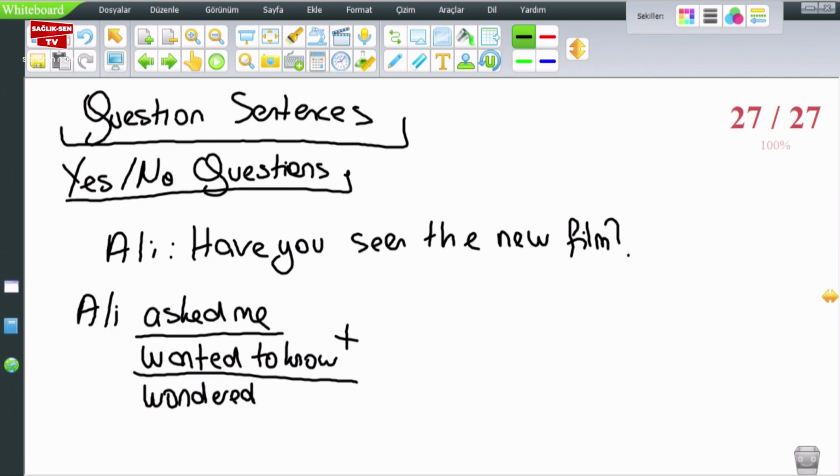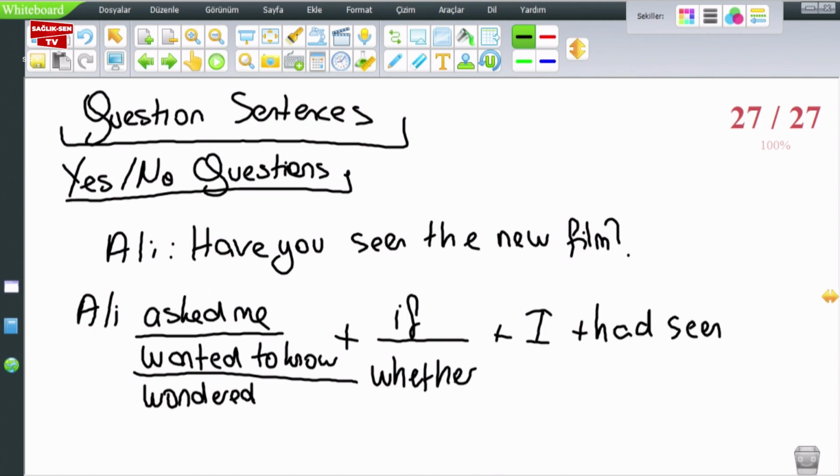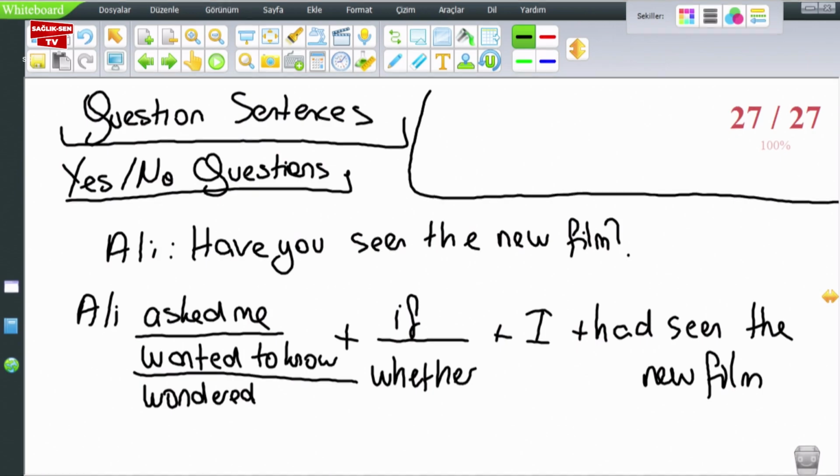And then, this is important, I will either use if or whether, and then I will put who this sentence was directed to. I had seen the new film. So, if I want to make a rule out of it, I will start with who asked the question.